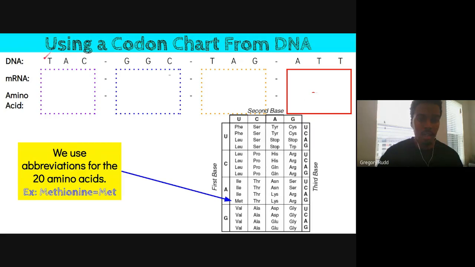If I am transcribing T, what does it become? What is T matched up with? Not U, but I'm glad you realized that RNA does not have T, Jessica, so that's good.